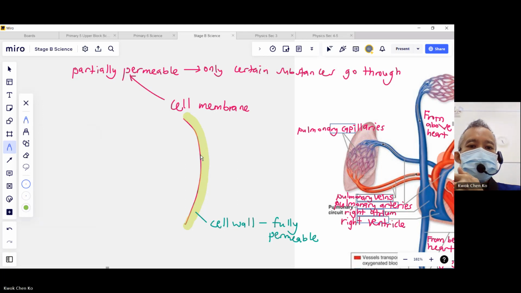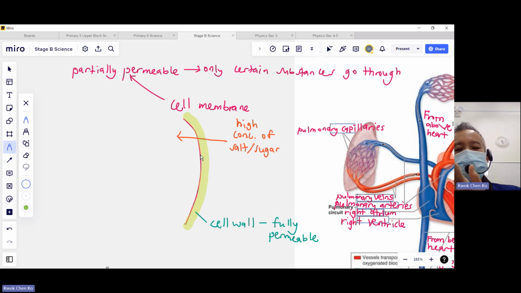First one. Now, let's say I have a high concentration, usually salt or sugar, but could be other things like acids too, and others, outside, whereas inside the cell is low concentration, say 10% of the same substance.